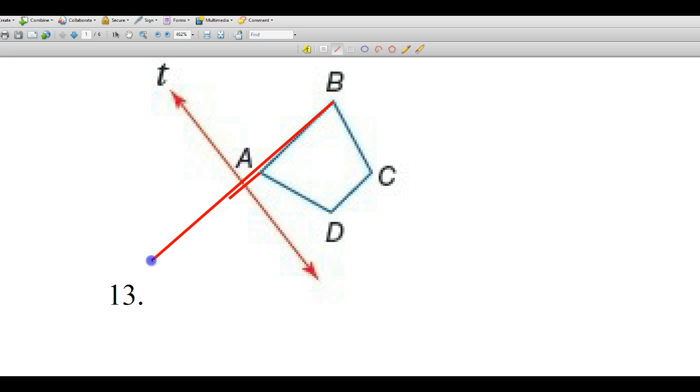So B is going to end up right about there. D would be here.